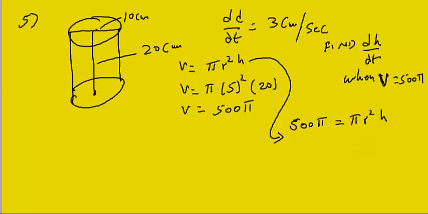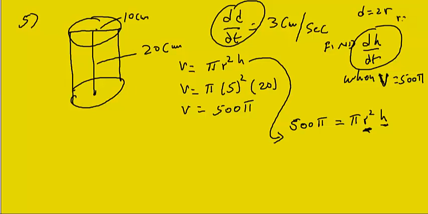How many variables do I have left I'm dealing with right now? 2, h and r. H is okay because I'm finding that. R is not okay because I don't have any dr/dt anywhere. I do have a dD/dt, so I have to replace r with a d, so d is equal to 2r.